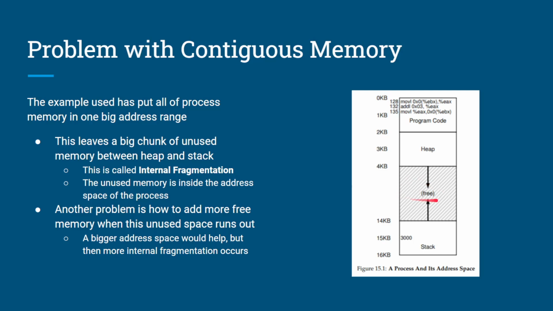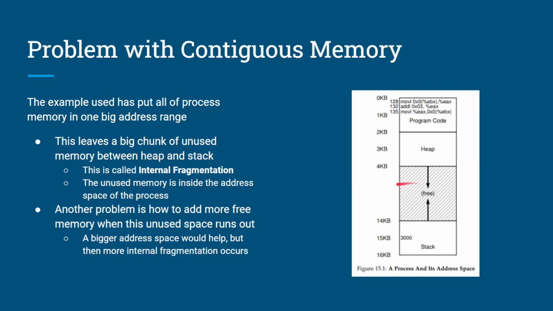Simply because this has been allocated for our process. And you can't assign a base address in the middle of our process's address space. That would be a bad thing to do. It would cause one process to potentially overwrite another process. So 10 kilobytes here that cannot be used.